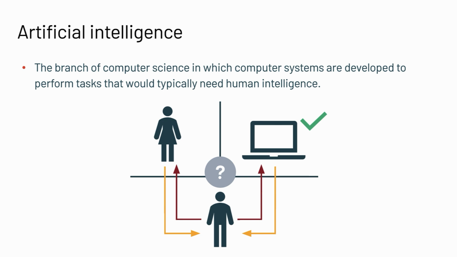In essence, artificial intelligence is a branch of computer science in which computer systems are developed to perform tasks that would typically need human intelligence. Artificial intelligence is a broad field, and there are a lot of subcategories, which we'll talk about in a couple of minutes. To contextualize AI, let's look at a classic example, which is a Turing test.